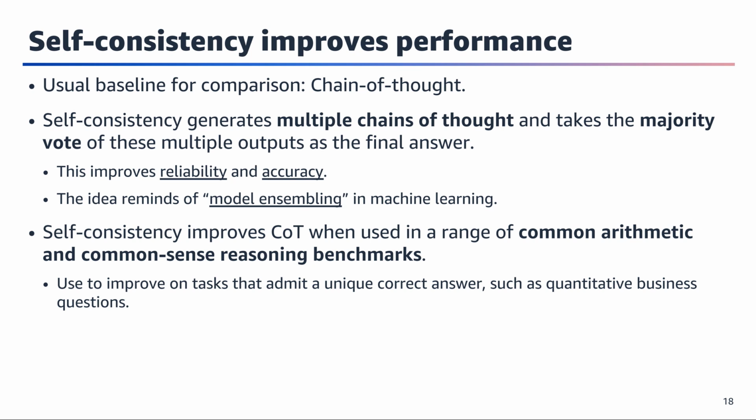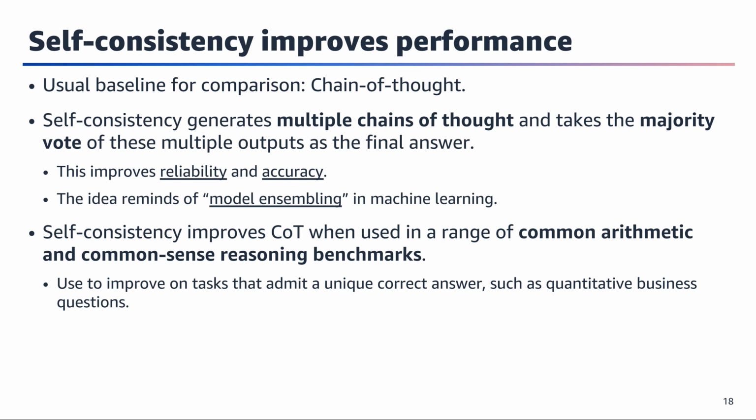Self-consistency has shown promising results on tasks with unique correct answers, such as arithmetic problems and quantitative business questions. It leverages the strengths of chain-of-thought prompting while mitigating potential biases from a single reasoning path. By exploring diverse possibilities and verifying consistency, the model can arrive at more robust solutions for complex reasoning challenges.